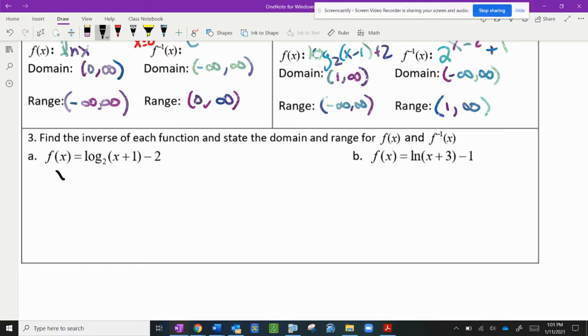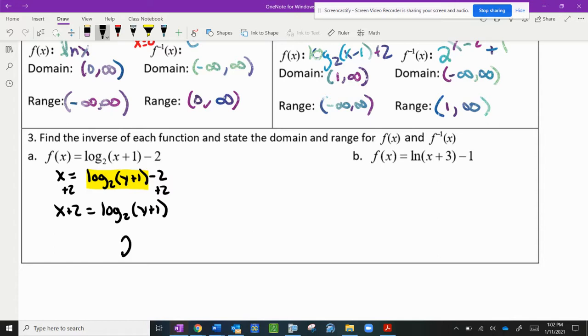So remember, we're going to switch x and y to get the inverse. I'm going to isolate the log and its input all by itself. So I'm going to need to move this 2 over to the other side. Once that's done, I'm going to then turn it into my exponential.